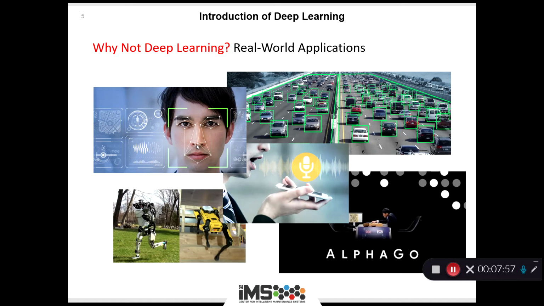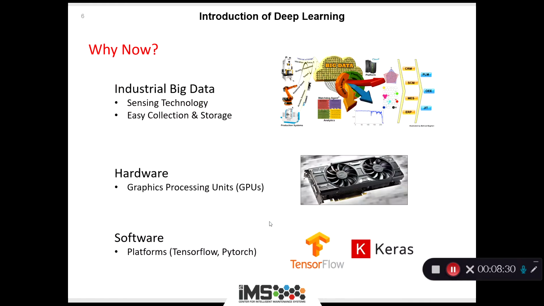The most efficient algorithm is deep learning, and also the video surveillance and even the basic transformation from the voice to text and the robotics, maybe the most popular now is Boston Dynamics. And one of the most famous application is the Go game, the AlphaGo. They beat the best human player in the Go game.